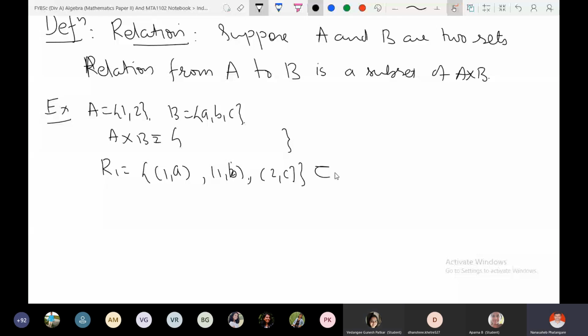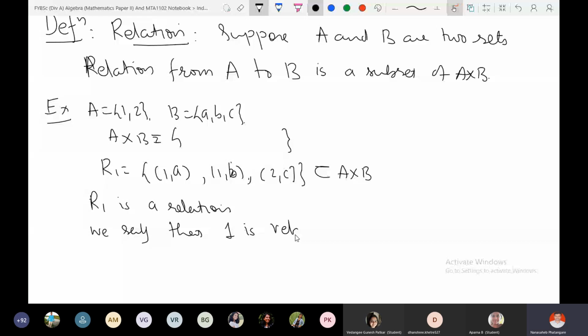So is it a subset of A cross B? Yes, sir. So now you choose any subset of A cross B, it is a relation. Then we say that R1 is a relation, and we say that 1 is related to a with respect to this relation R1.